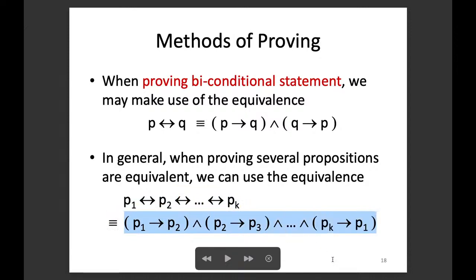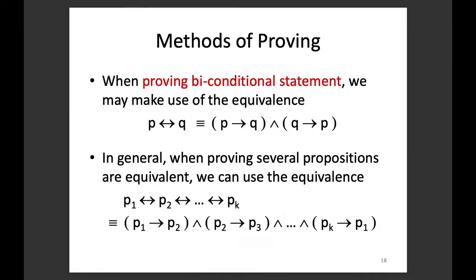Suppose that we have shown that this part is correct. How do I see that P1 and P3 are equivalent? Because of the first two, we know that P1 implies P2 and then P2 implies P3, so we get P1 implies P3, right? But for all the remaining part, we have P3 implies P4, P4 implies P5, and so on, up to Pk implies P1. Then what do we know?